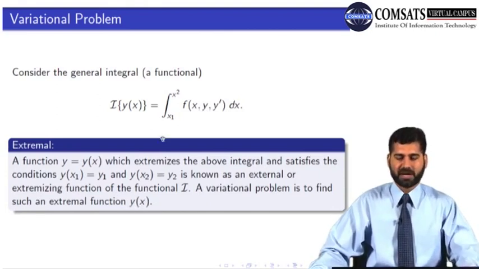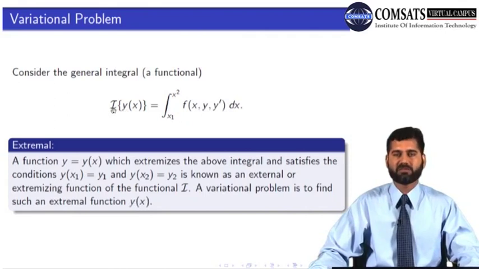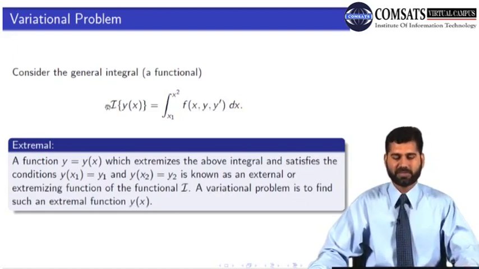Because y is unknown here and I is a functional, we want to minimize or maximize, that is, extremize, I. So we need to find y of x such that this I is maximum or minimum, whatever we are interested in. That is basically a general variational problem of integral type.